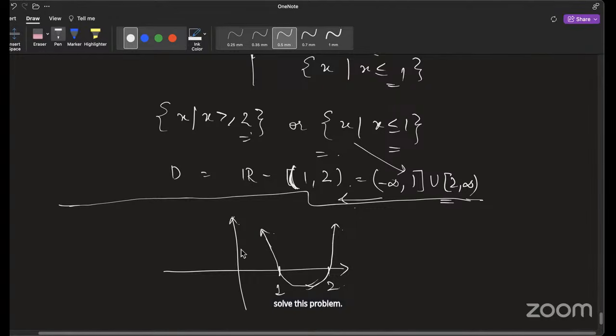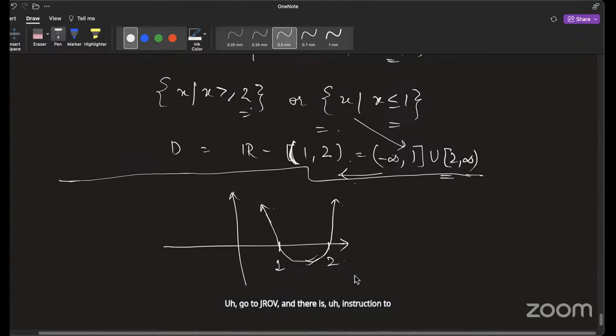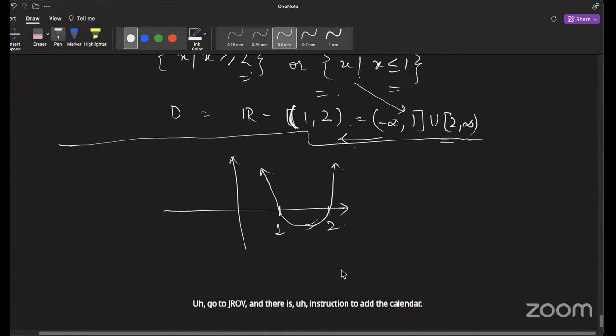Go to week 0, and there is an instruction to add the calendar. In the particular subjects, like statistics and CT, I was also facing the same problem. Then there is week 0 mentioned. Go there, and before week 1 there will be week 0. Add that to the calendar. Okay, okay. Thank you.